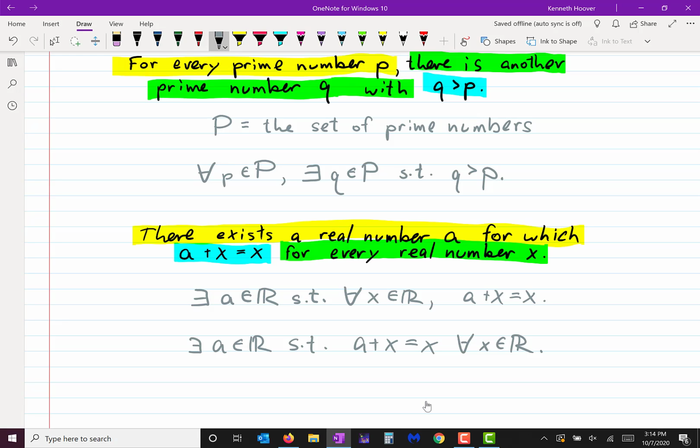You guys are just learning this, and I want you to be in the habit of putting the open sentence at the end, which is the part I've been highlighting in these two examples as blue, and putting your quantifiers at the beginning. So yes, I can write it the way it is at the bottom, but I don't want you guys doing that.